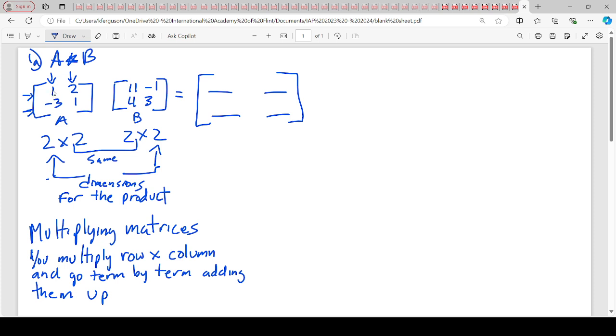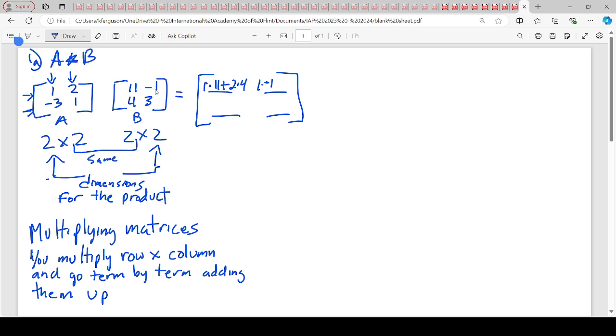So I'm going to take the first term and multiply it times the first term here. So that's 1 times 11 plus 2 times 4. Then I'm going to take 1 times a negative 1. I do that every time: put my dot and then I draw my negative right on top of it.